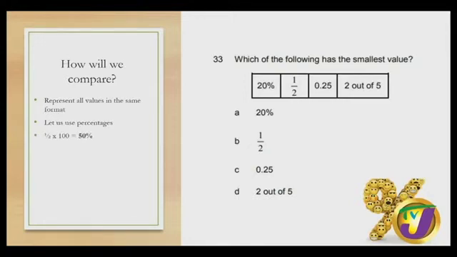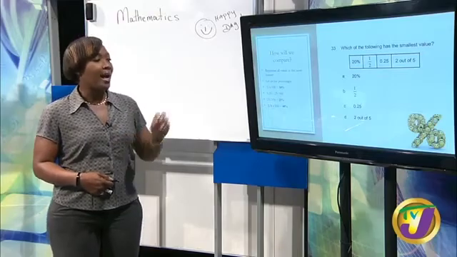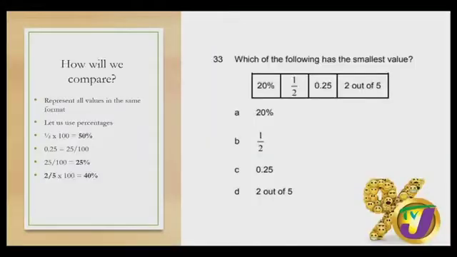So half of 100% is 50%. That was pretty easy. And then you have 25 hundredths, which is really 25 out of 100. So the percentage there is 25%. Then you have 2/5, which is 2 out of 5, which is 2/5 of 100, and that would give us 40%.